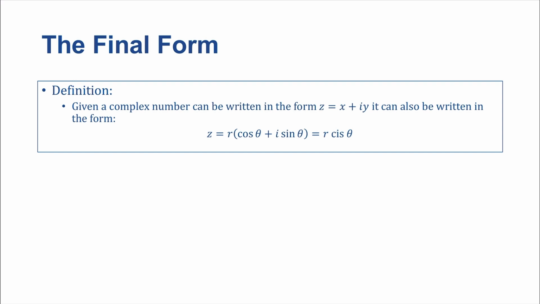If we take a right triangle, where this is our value of theta and this is our magnitude r, we note that the height is equal to r sine theta, and the displacement is equal to r cosine theta. For the imaginary part, we add the coefficient i. So we can factor out the r, and we get z equals r times cosine theta plus i sine theta.